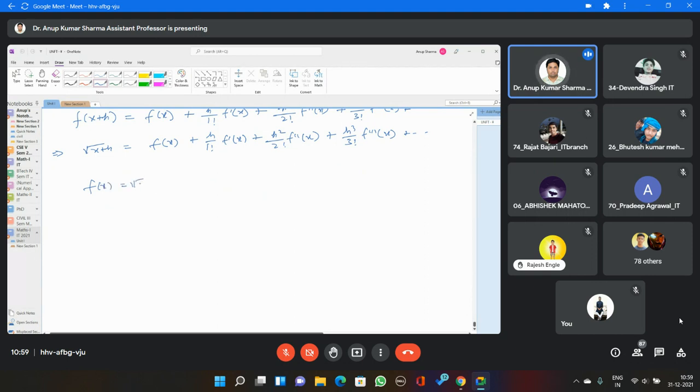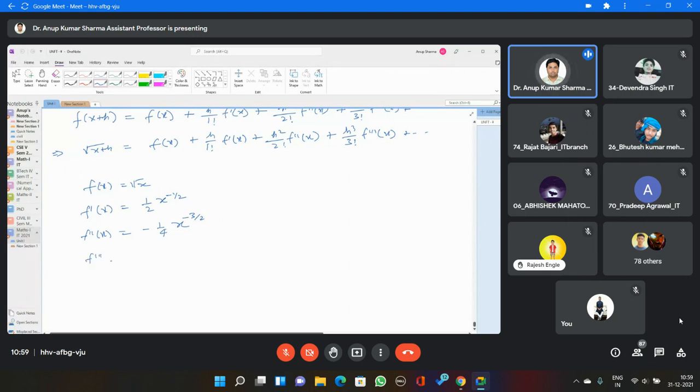Now f of x is equal to root x. So f dash of x is equal to 1 by 2 root x, that is half x to the power minus half. Differentiating again, f double dash of x is equal to minus 1 by 4 x to the power 3 by 2.